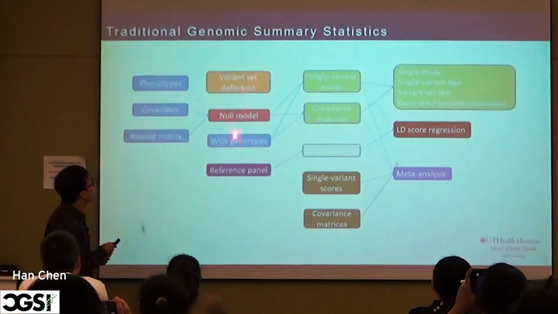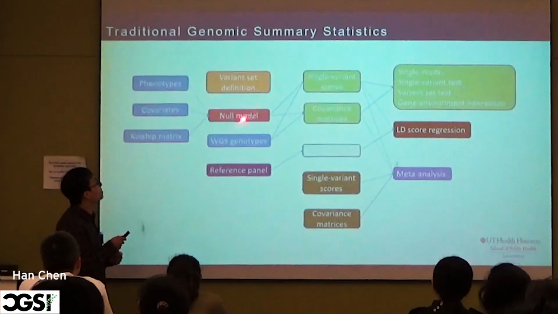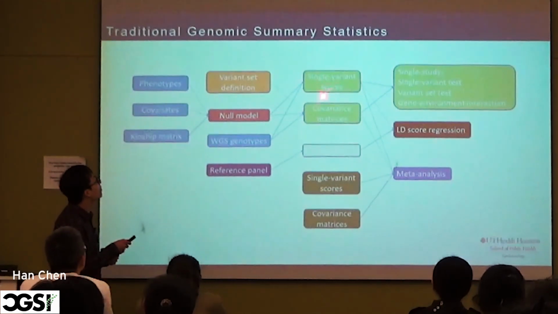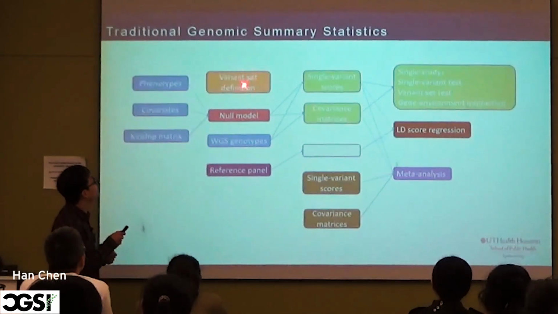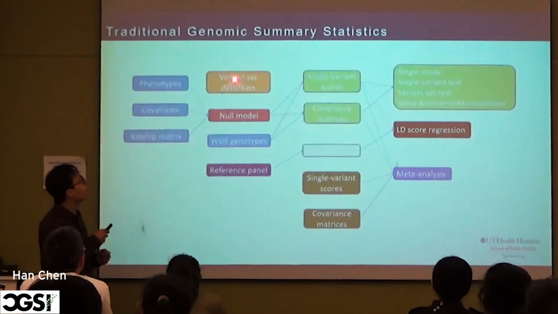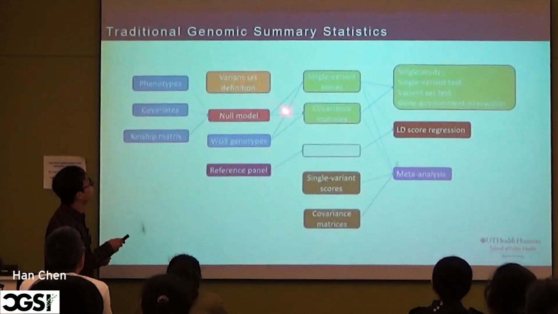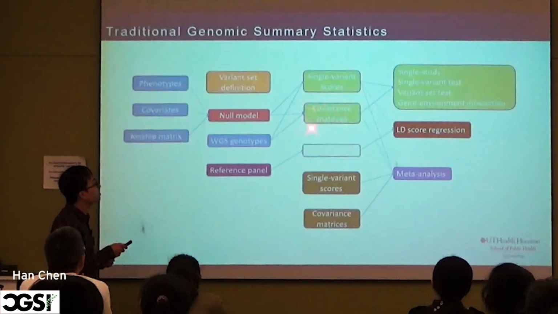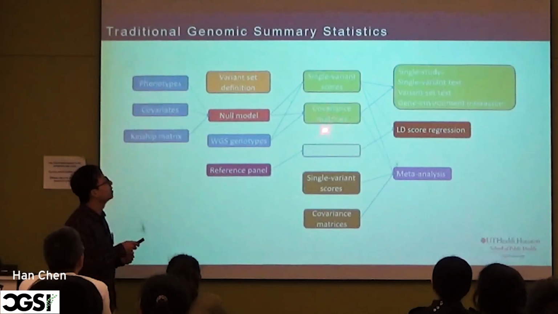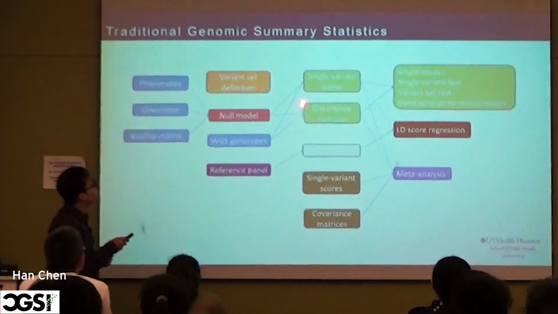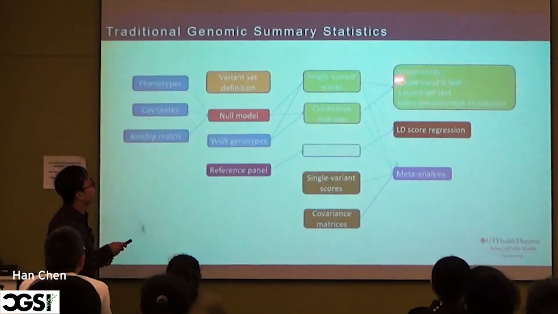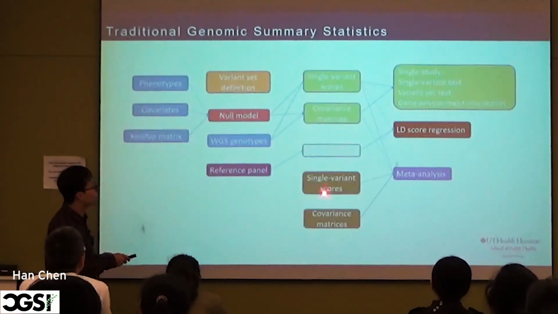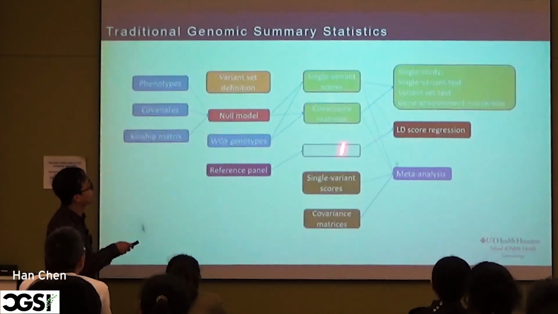And then we use the whole genome sequence genotypes and the null model to compute the single variant scores. And along with a variant set definition, remember that this needs to be predefined before you run the analysis, to compute the covariance matrices, this is going to be a block diagonal matrix across the whole genome. And with this information, we can do single study analysis, and we can also combine similar information from other studies doing a meta-analysis.